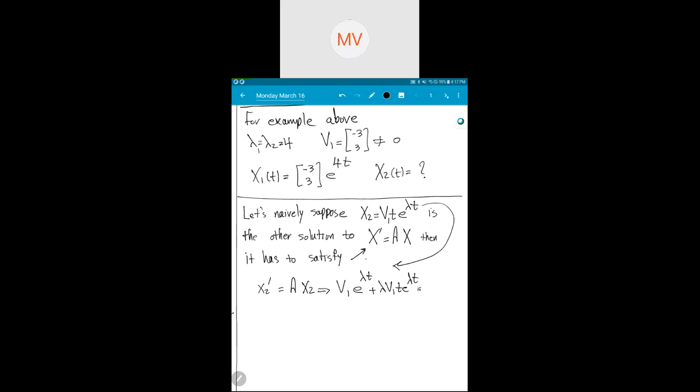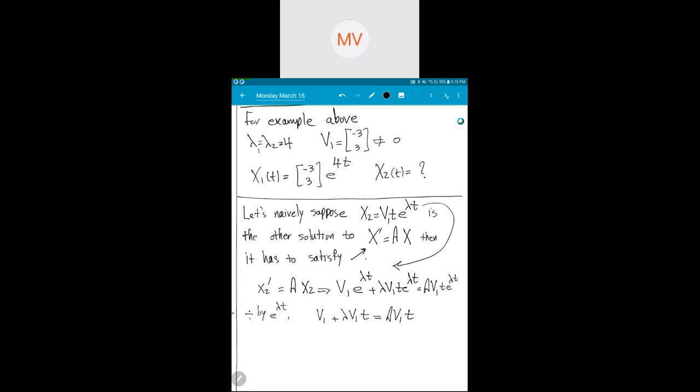On that side, you only have A times x2, so it's A v1 t e to the lambda t. Let's treat this as an equation and solve. We can divide everything by e to the lambda t, because they all have it, and we get v1 plus lambda v1 t equals A v1 t.